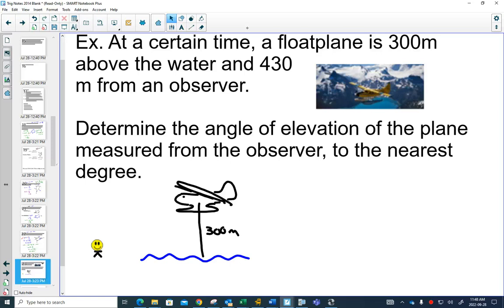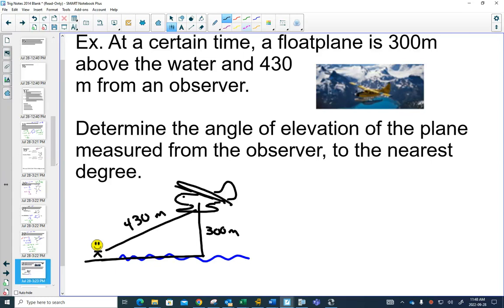Why is he on the ground? No, the water ends right here. There we go. Maybe he's on a boat. Where am I going to label the 430 meters? Is the 430 meters here, or is the 430 meters here? There, because this would be the distance away.